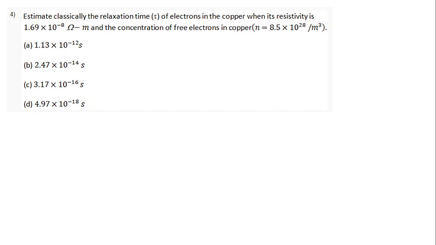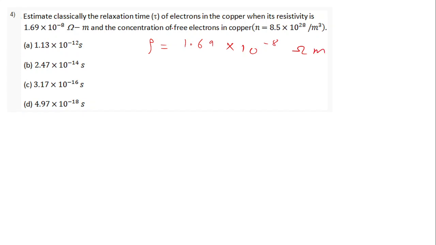Next question. How much time do we have left? Yeah, we have time. So the next question is: estimate classically the relaxation time tau of electrons in copper. Again we have copper, whose resistivity is given, which is 1.69 times 10 to the power minus 8 ohm meter.